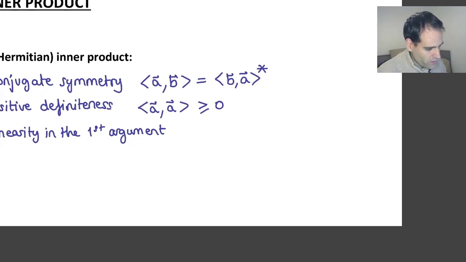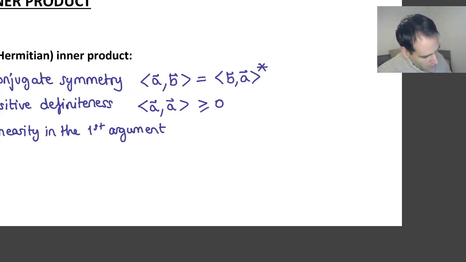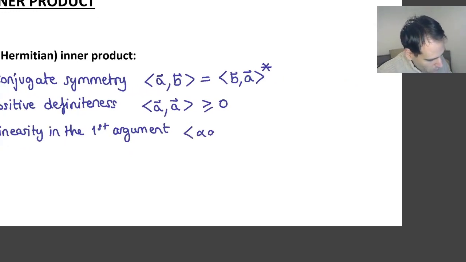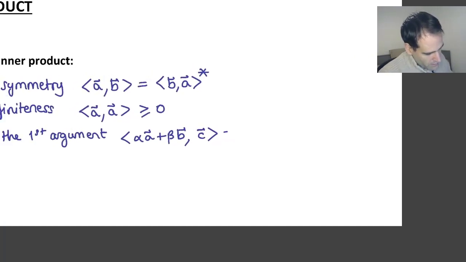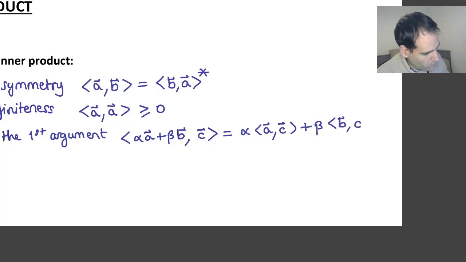What this means is that if you take a linear combination of vectors alpha a plus beta b, and you put that as the first input of an inner product with another vector c, then the result is a linear combination of the inner products: alpha times the inner product of a with c, plus beta times the inner product of b with c. That's the linearity in the first argument.